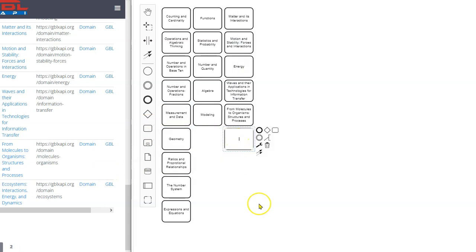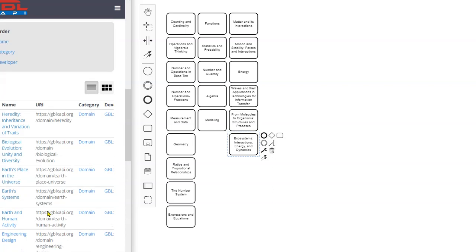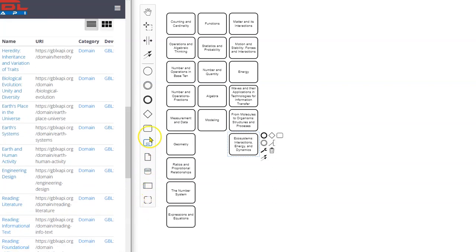And then we have ecosystems, interactions, energy, and dynamics. That's a lot of that one. Moving on to page number 2 here. Still seems a little sciencey if you ask me.